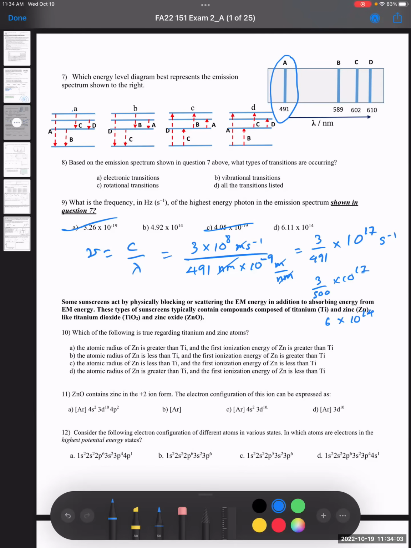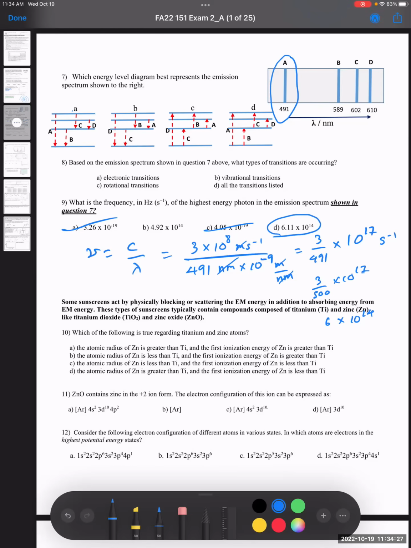If you divide by 491, which is less than 500, then you should get a number greater than 6 times 10 to the power of 14. Okay, so right now we see that in option B, that number is less than 6. In option D it is greater than 6. So I'm going to go with option D over here.